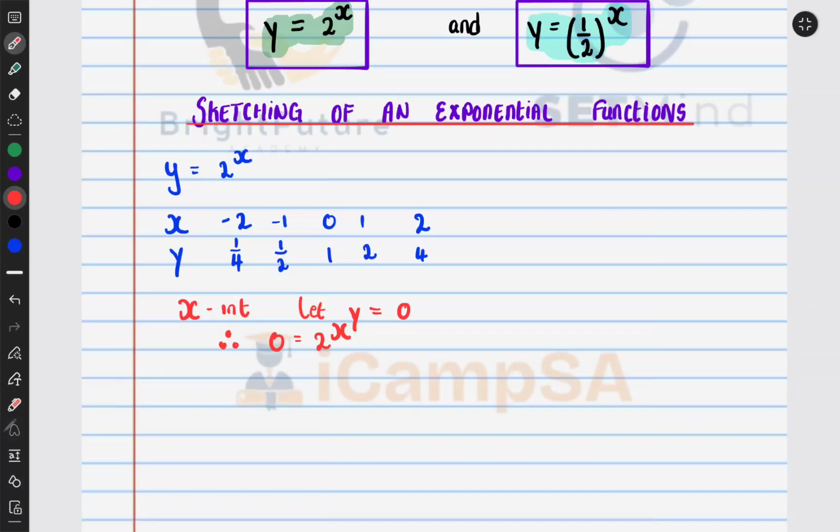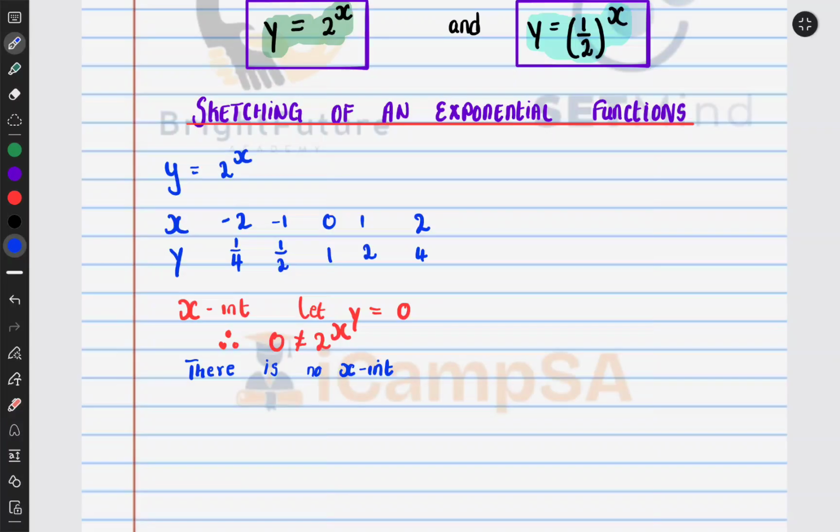As you can see, this is undefined, because there are no values of x that will satisfy this equation, since even 2 to the power of 0 is equal to 1, not 0. So there is no x-intercept.